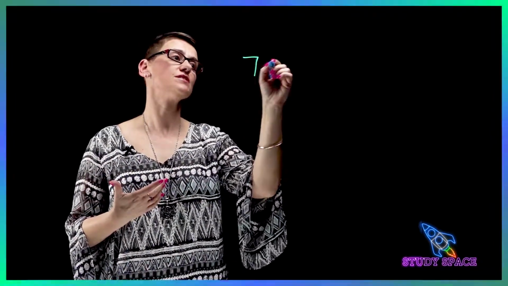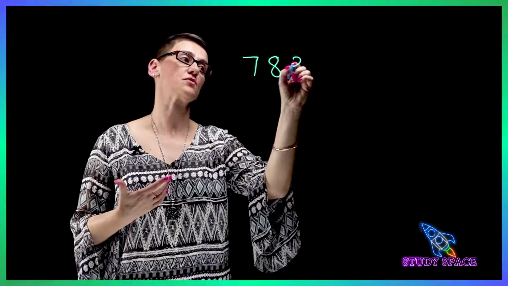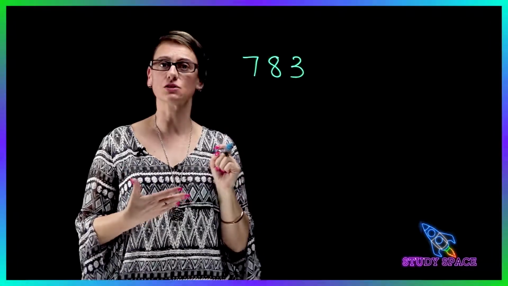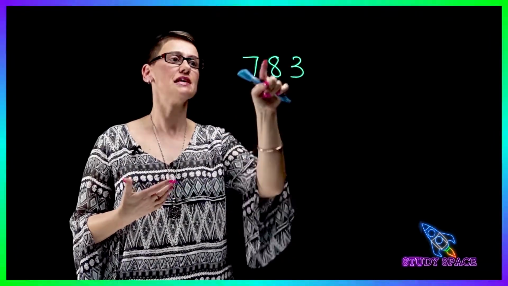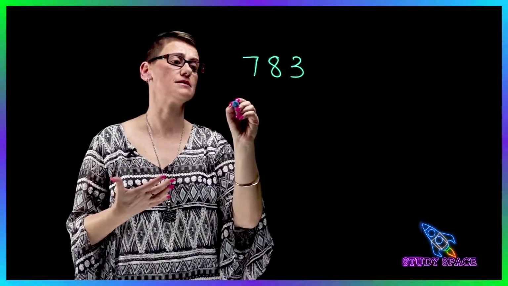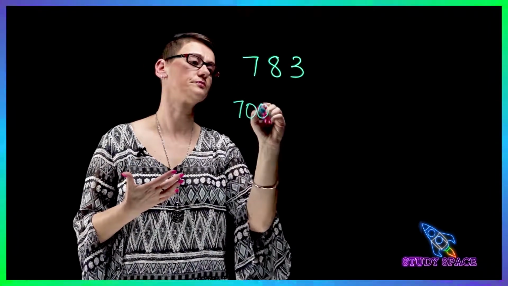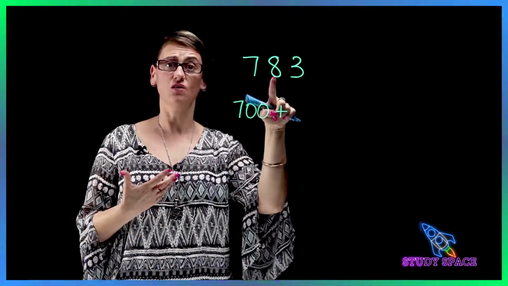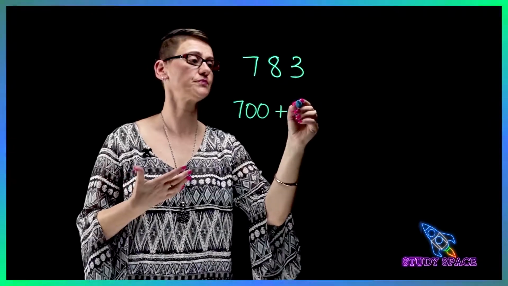Okay, so our next number, in standard form, is 783. That's the standard form. Now let's put that into expanded notation. So the 7 represents 700. So we write 700 plus the 8, which is in the tens column, which represents 80.